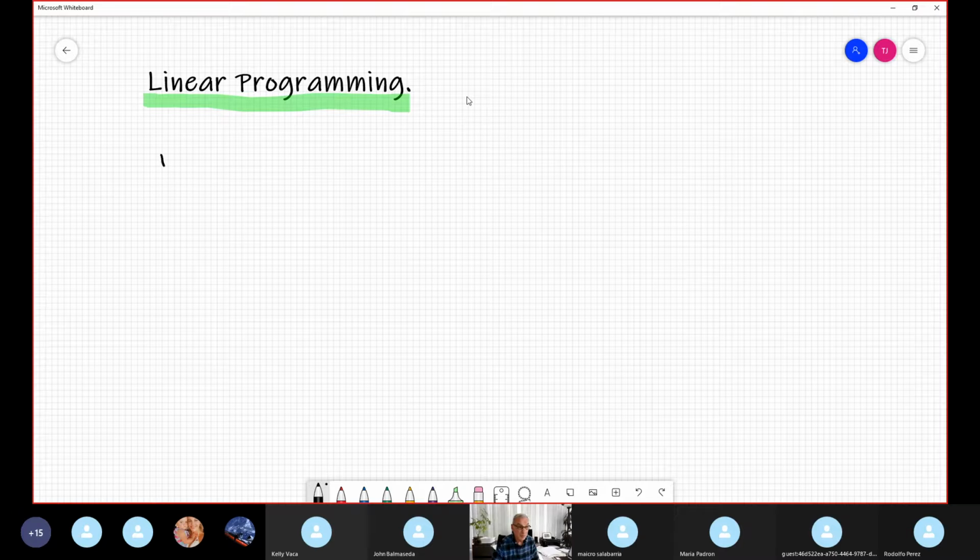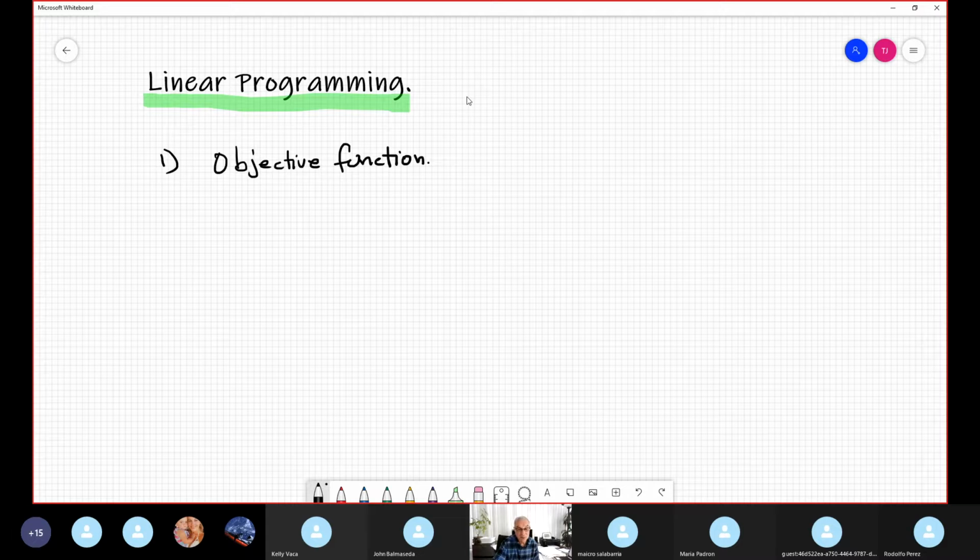You have number one, the objective function. The objective function is the function that you want to optimize. Optimize means minimize or maximize, depending on whether it's good or bad.